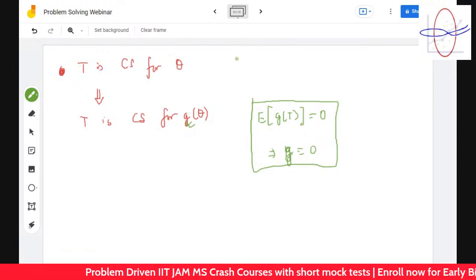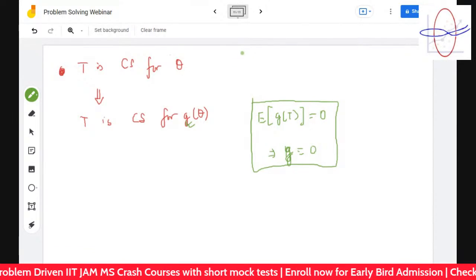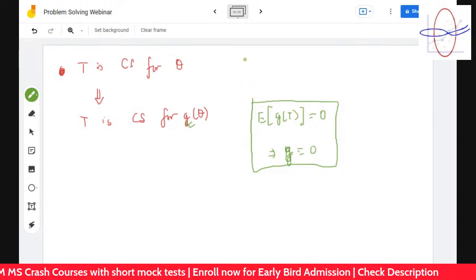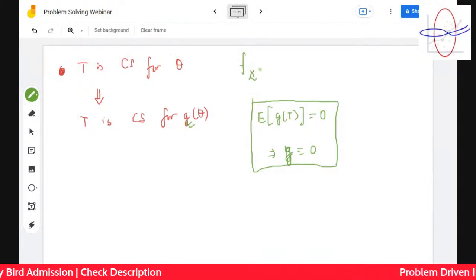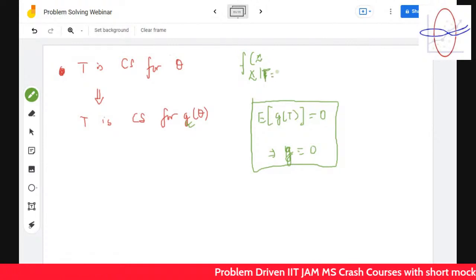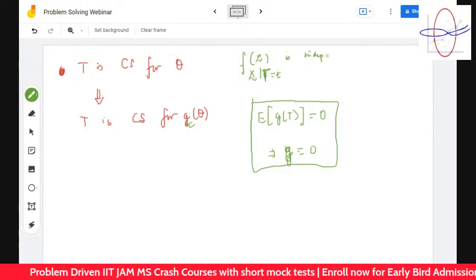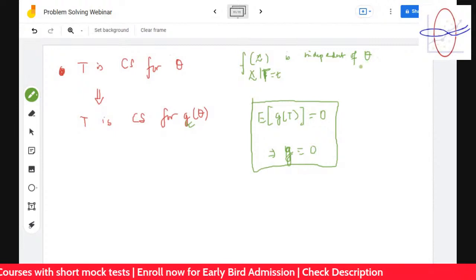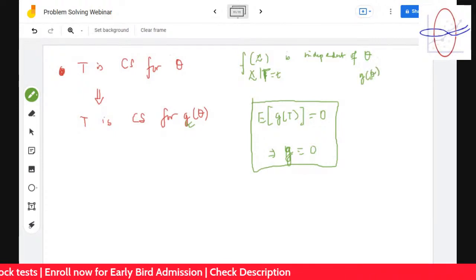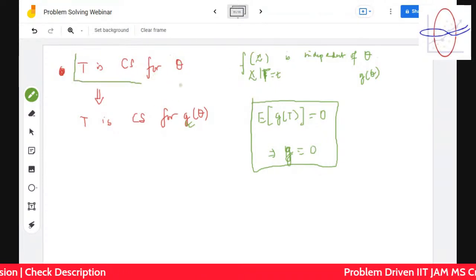And sufficiency is also the same. What is the definition of sufficiency? The distribution of x given T equal to t is independent of theta. If it's independent of theta, it's also independent of g theta. So if T is complete sufficient for theta, it also shows that T is complete sufficient for g theta.